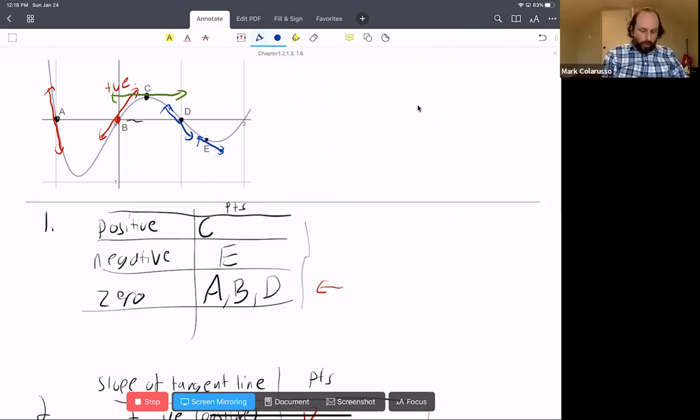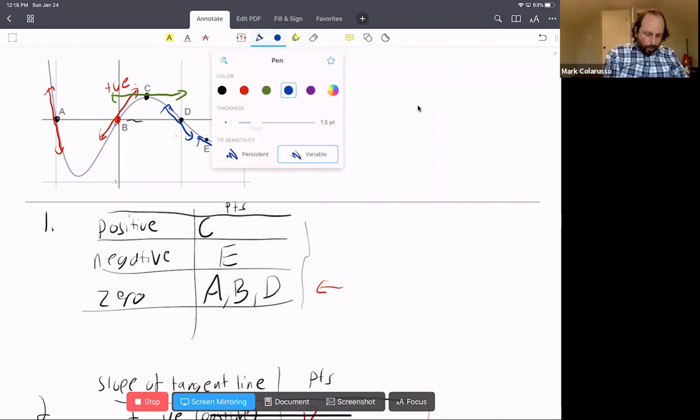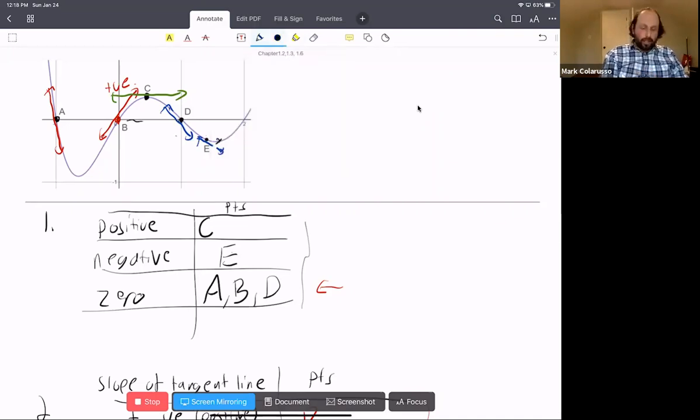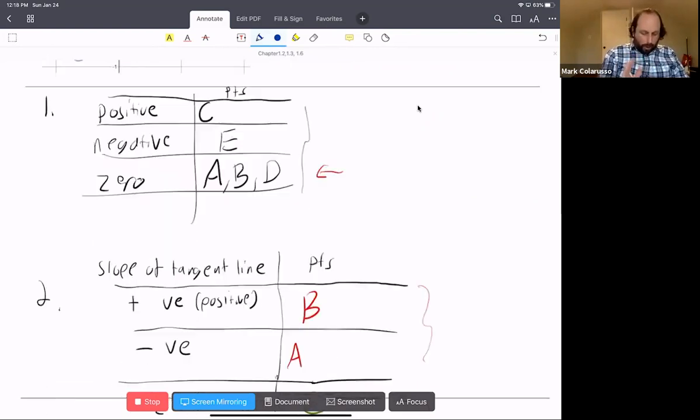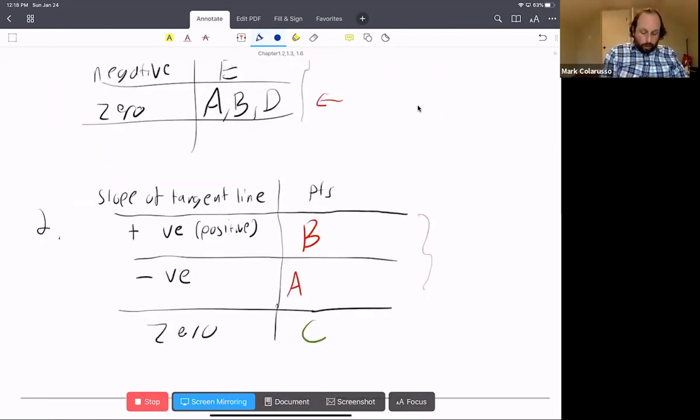It's a steeper fall than at E, because as you're coming into E, the graph is starting to bend back upwards. It's not bending upwards exactly at E. That doesn't happen till about over here. So E does not have a horizontal tangent line. It has a slight negative slope, but the slope is steeper or more negative at D. But we don't care about the magnitude, we want just the sign. So these are both negative. So they both go here.